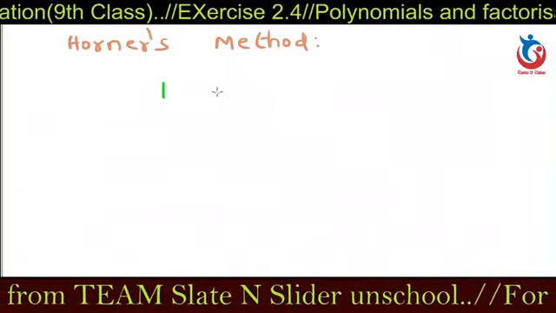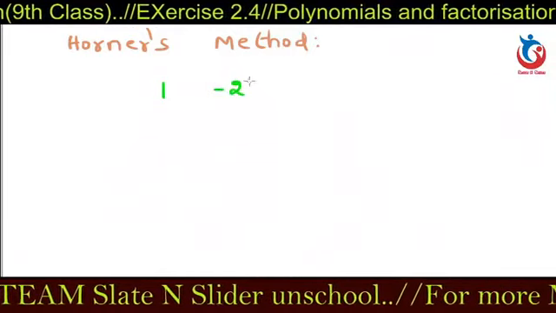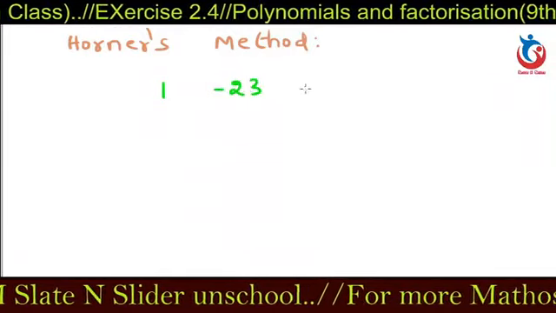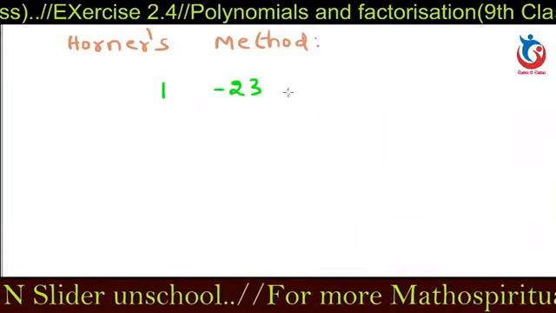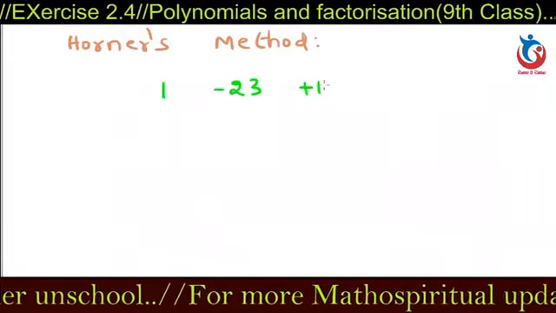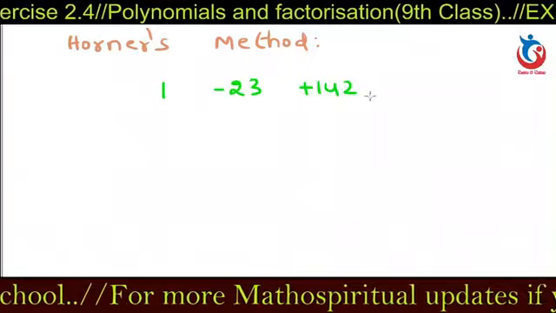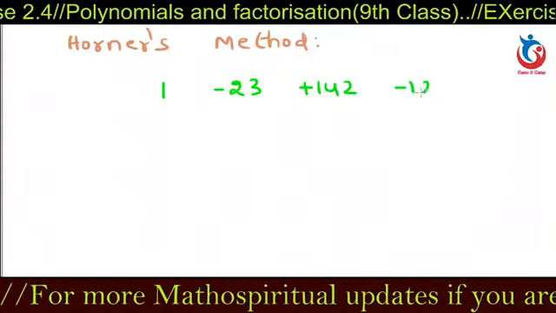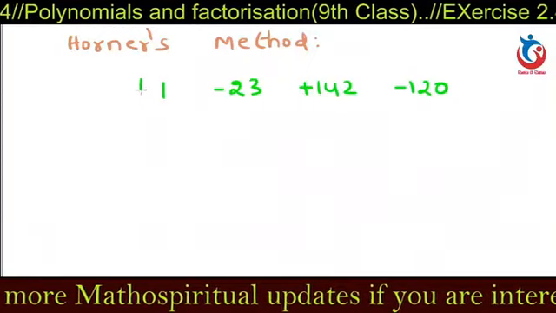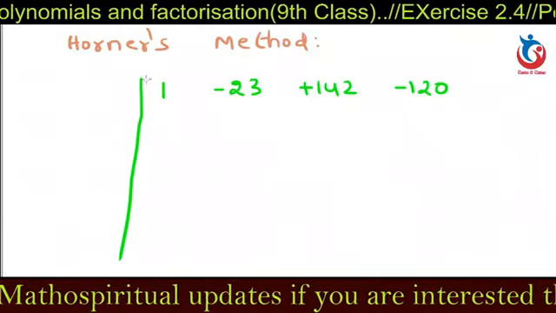Next, minus 23 for the x square term, then after that the x term, that is plus 142, and after x the constant, minus 120, and we draw the lines like this.